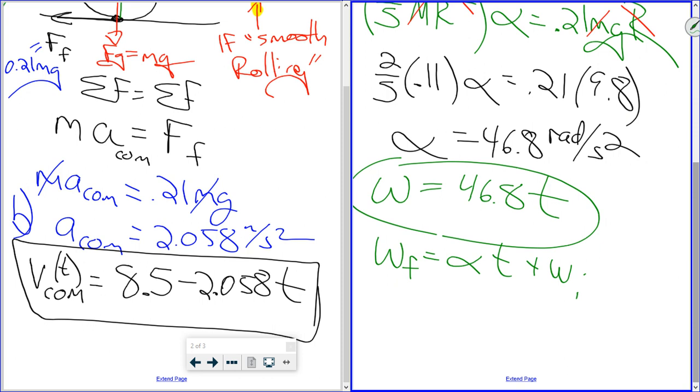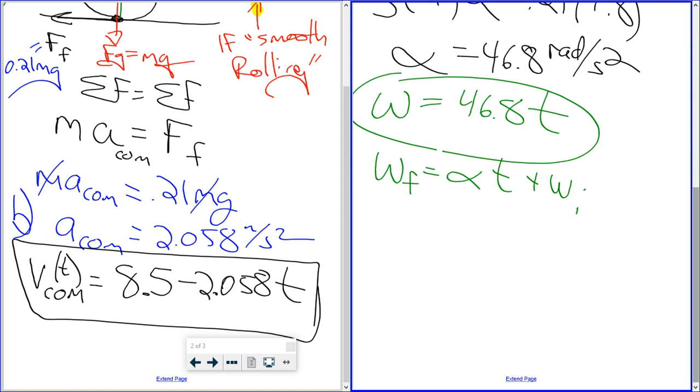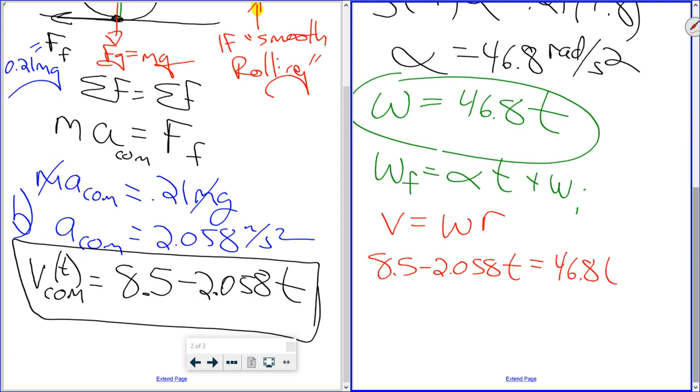Okay, so now I can set v equal to omega r, right? So here we go. v equals omega, which is this, 46.8 t, times r.